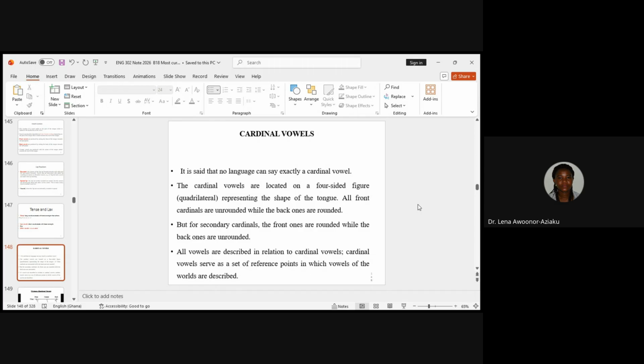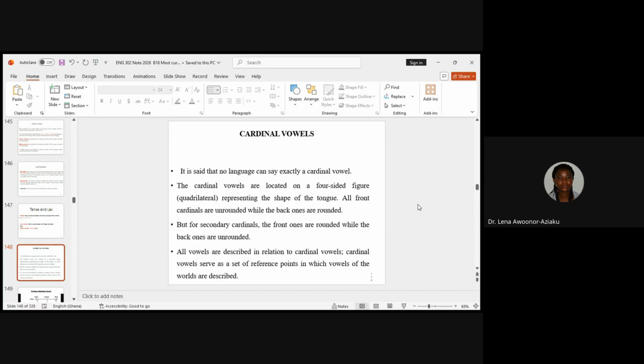But there is a set of vowels that all other vowels in every language are described in relation to, and they are called cardinal vowels, propounded by Daniel Jones, who thought that there's a way we can describe the vowels that we produce in languages.